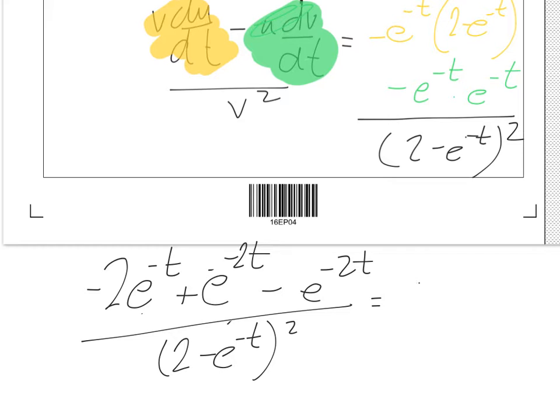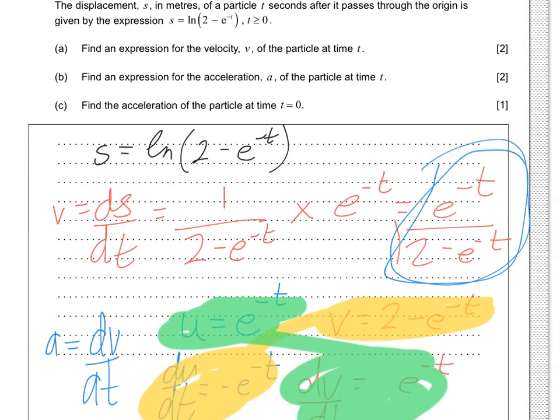Bit of simplifying, minus 2 e to the minus t over 2 minus e to the minus t squared. That's part B, that's our expression for the acceleration.